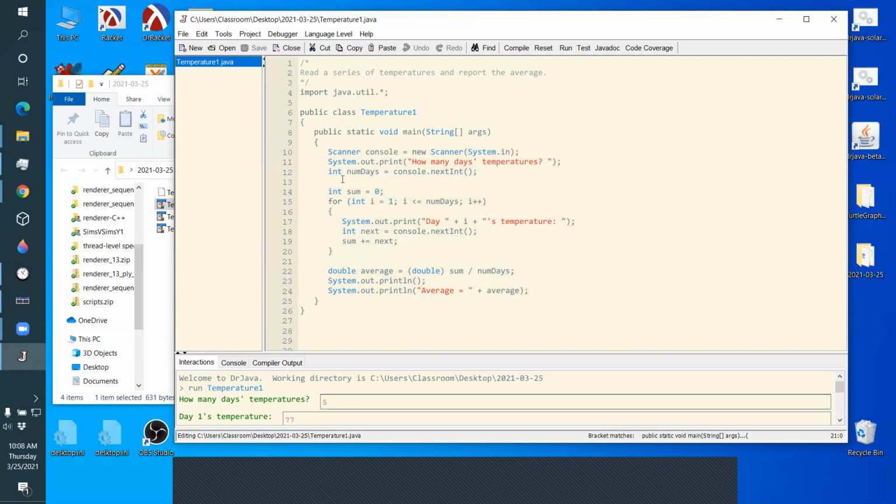So think, what's the problem here? What's a trick? I want to know two things. I'm telling the user the average daily temperature.